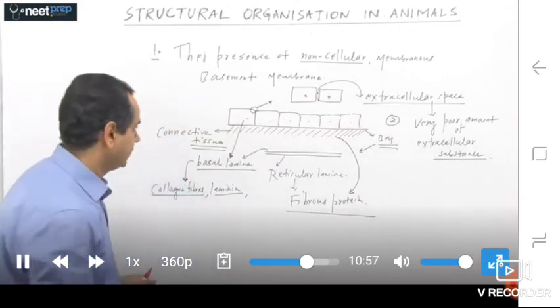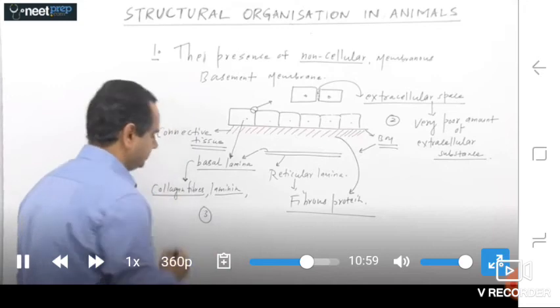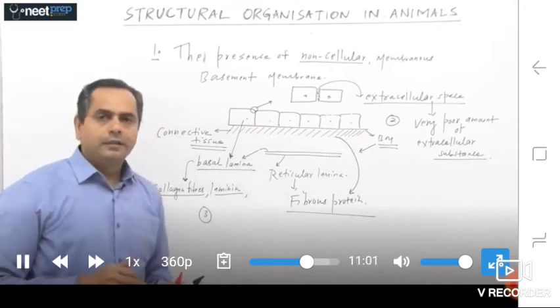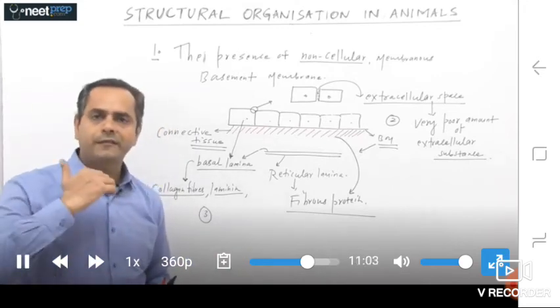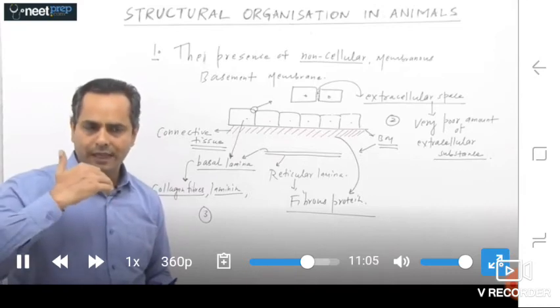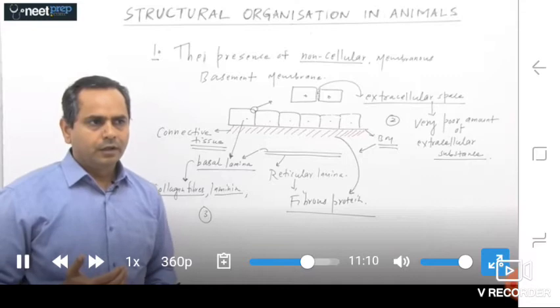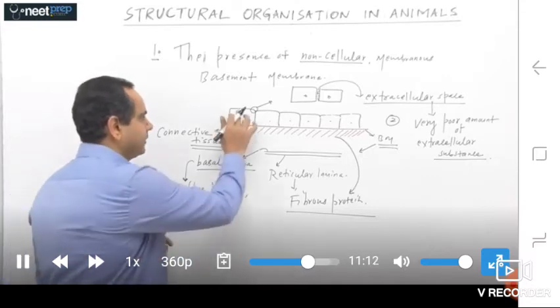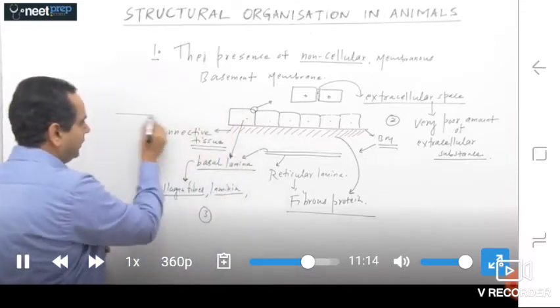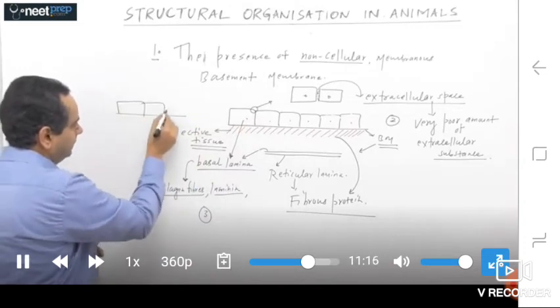and the third point, the exposed surface area, or the apical membrane, the apical layer of epithelia, whether simple or compound.